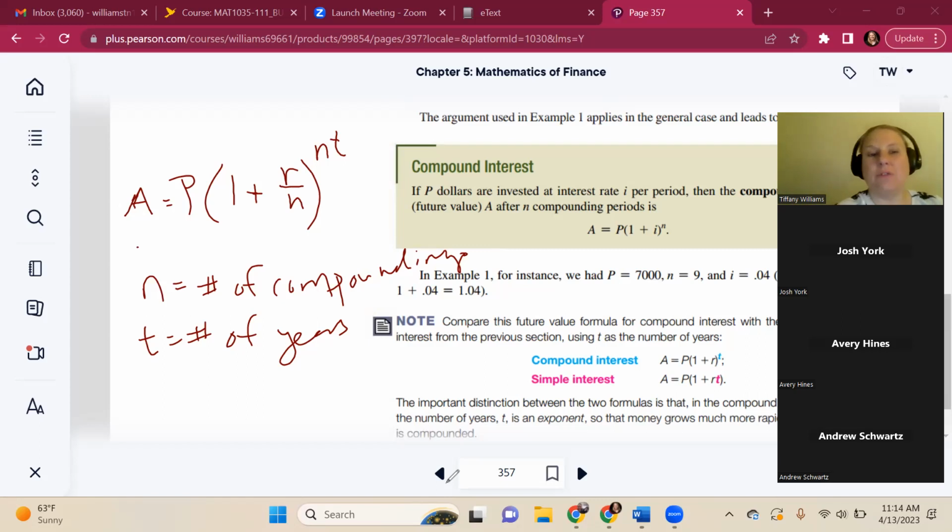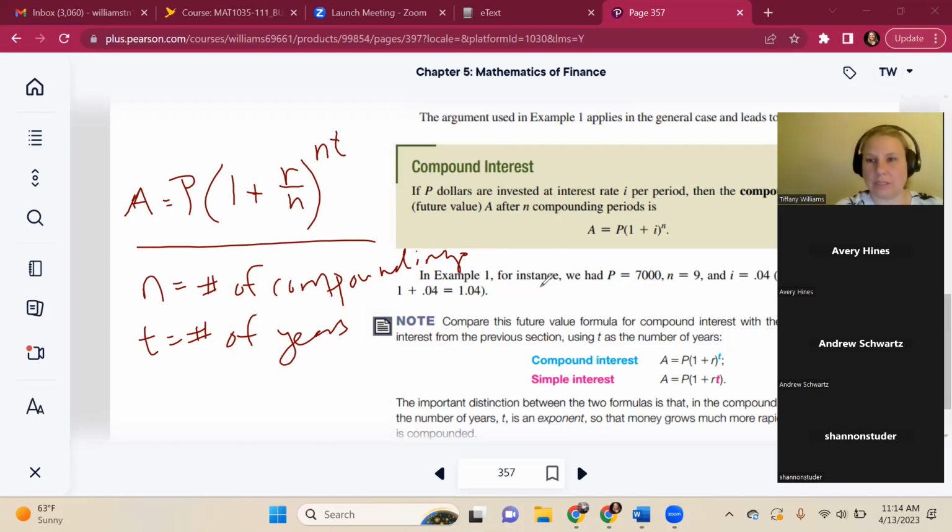Have you seen this formula before? I have. Okay. So if it's okay with you, instead of using the formula that the book gives us, I'm going to switch it up to this other formula.